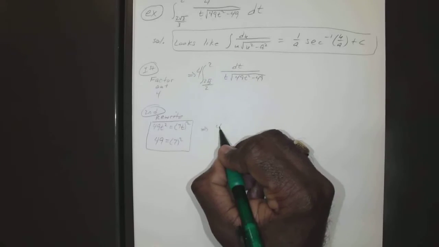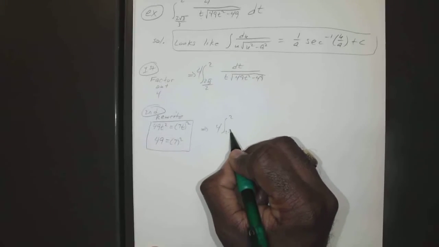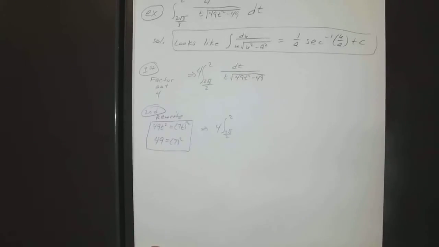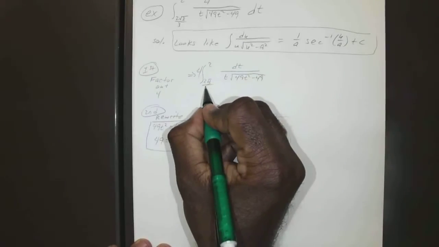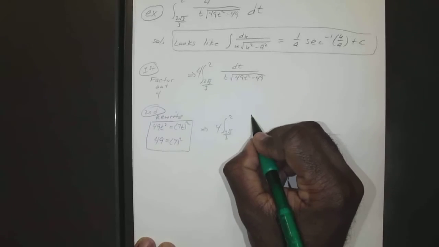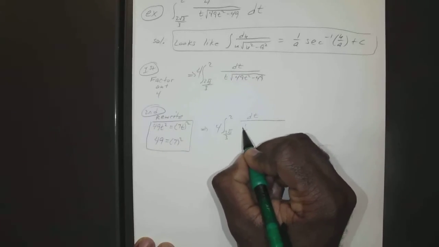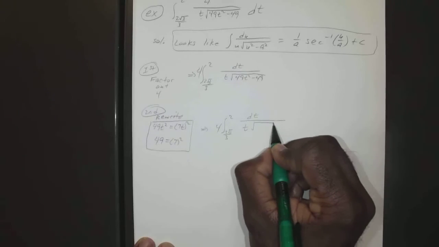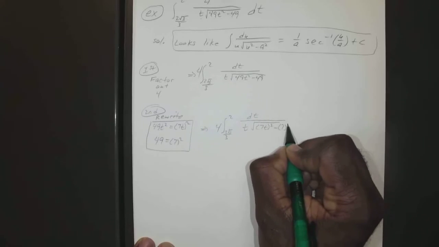Okay, so that gives us 4 times the integral from 2 square root of 3 over 3. Uh-oh, why did I write 2 there? That should be 3, and that should be 3. Of dt over t times the square root of 7t squared minus 7 squared.